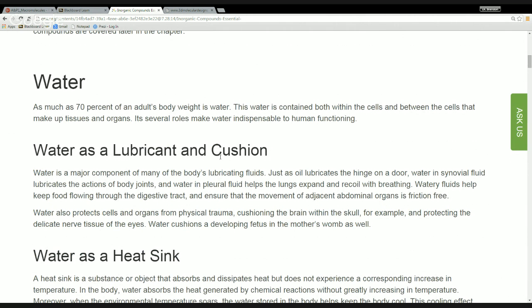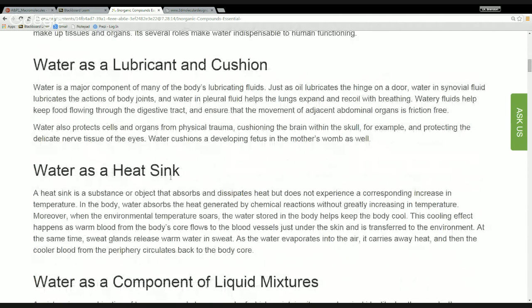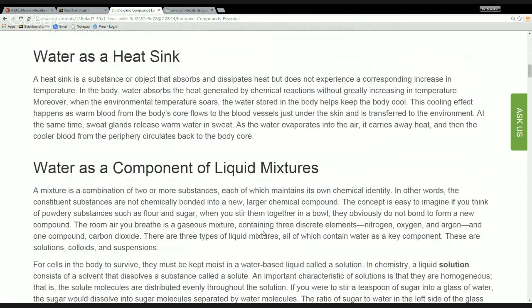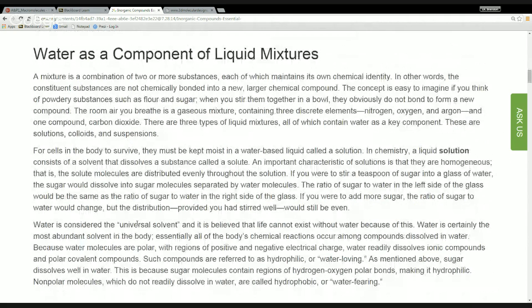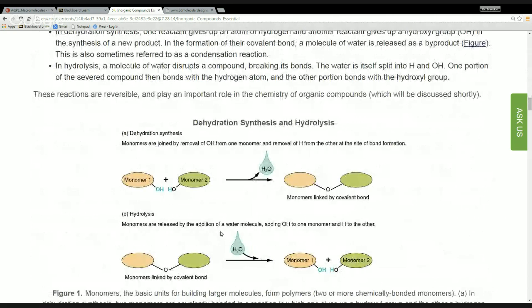The book addresses the exact same thing, just says it in a slightly different way. For example, instead of high heat capacity, which was a term we used last time, it refers to heat sink, or talking about liquid mixtures, that's getting into the universal solvent aspect of it, which is said right here in the text. So the book sort of addressed those same things.